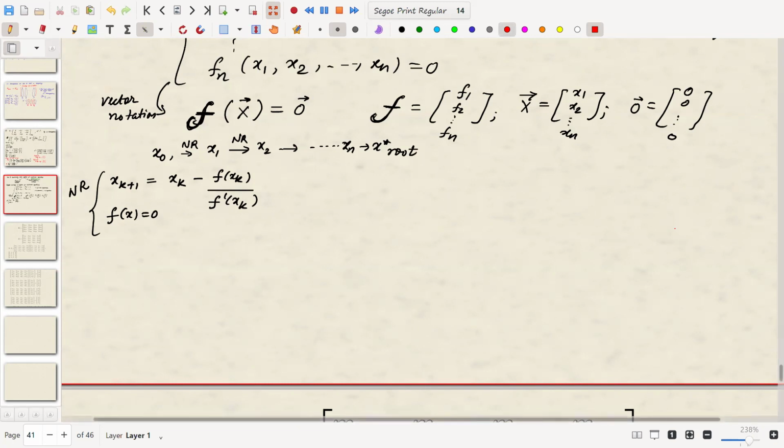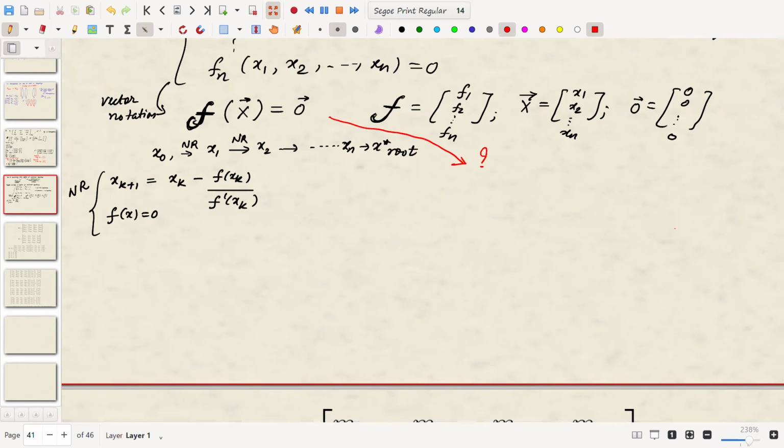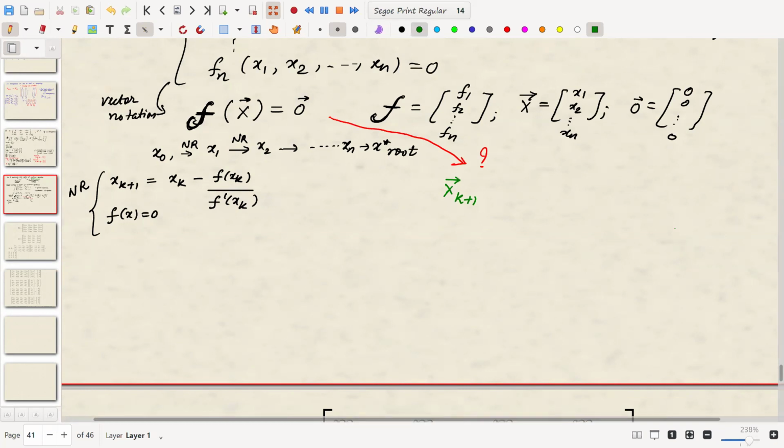How to do the multidimensional Newton Raphson method? It's actually pretty straightforward. Just follow my lead. I will write here. Instead of just a variable x, your x will be a vector, following this notation. And you have, as usual, but instead of a scalar, the vector xk plus 1, that means the k plus 1th approximation of your roots.